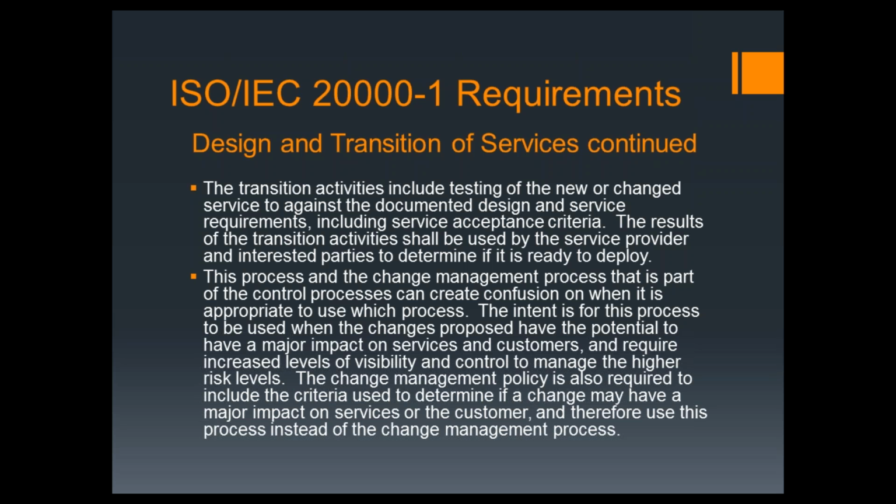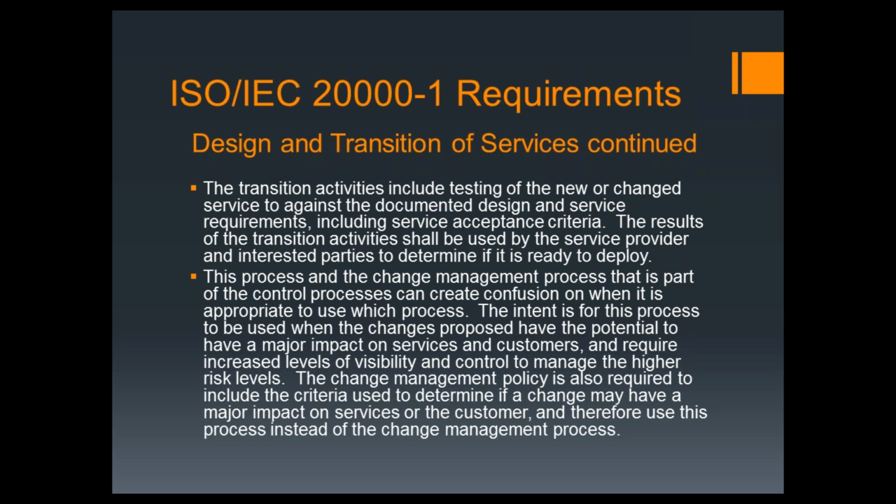So basically what that's saying is when we get into the control processes, there is a change process, and part of it requires a policy to be written. And within that policy, it's going to be up to the service provider to determine what the criteria and factors are that are going to be looked at when assessing whether or not a change request, say from a customer, can go ahead and be handled through that change process, which does not require the formal design and the level of rigor and planning that a service offering that would have to go through this process would require.